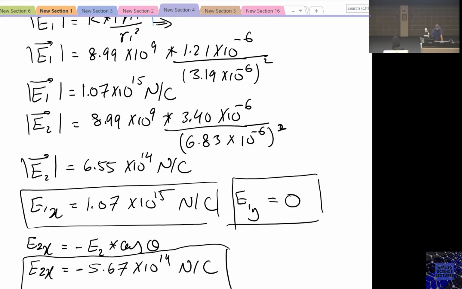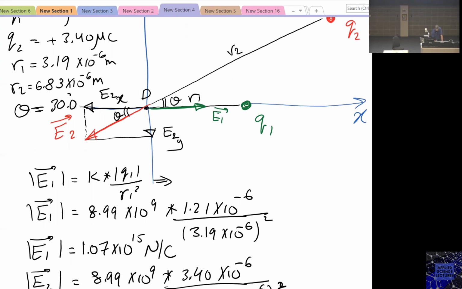So E net x is here. This component is E net x. And this one is E net y.